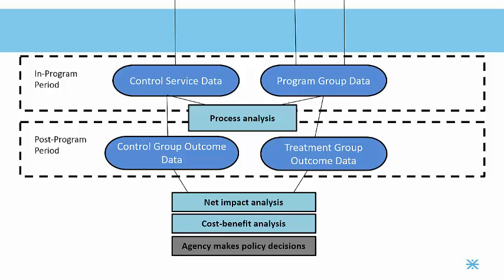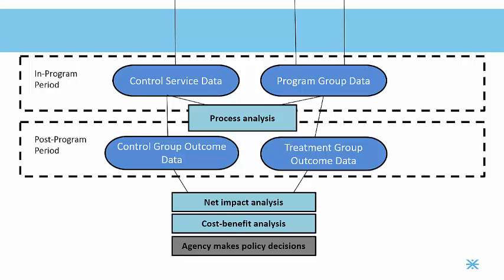One problem in cost-benefit analysis is that the costs usually are fully observed by the time you're writing the report, whereas the benefits may take many years to appear. Finally, the agency that funded the net impact analysis is ready to make policy decisions based on the findings.